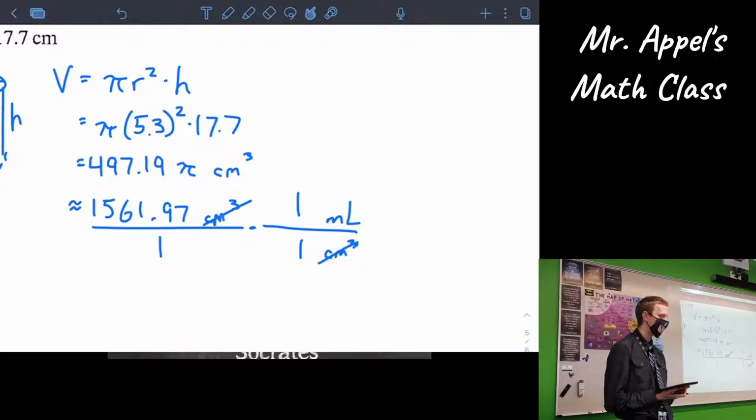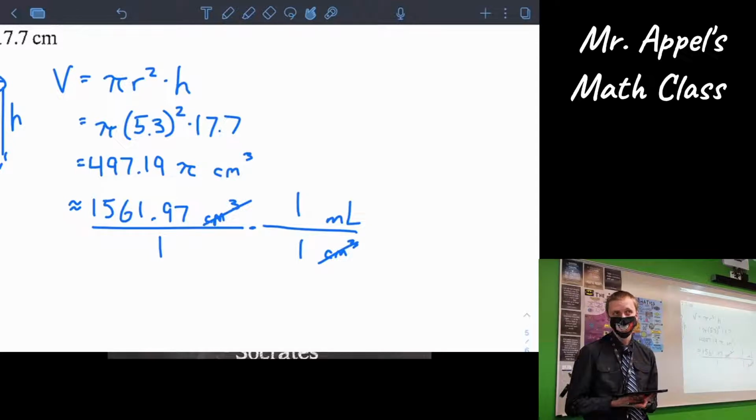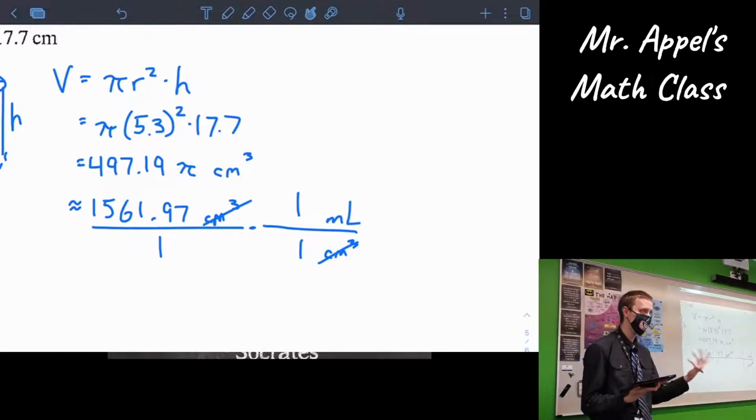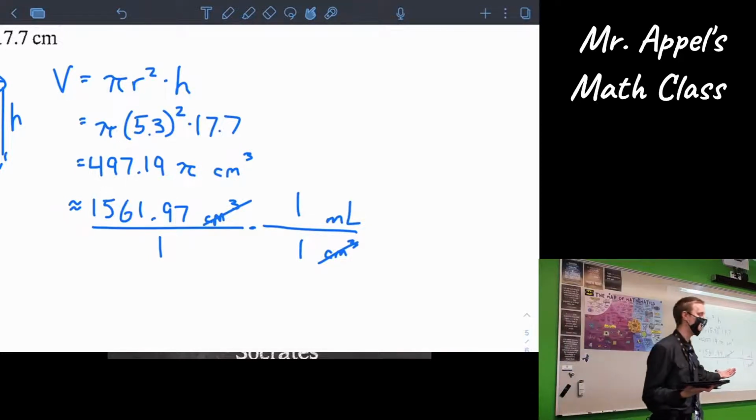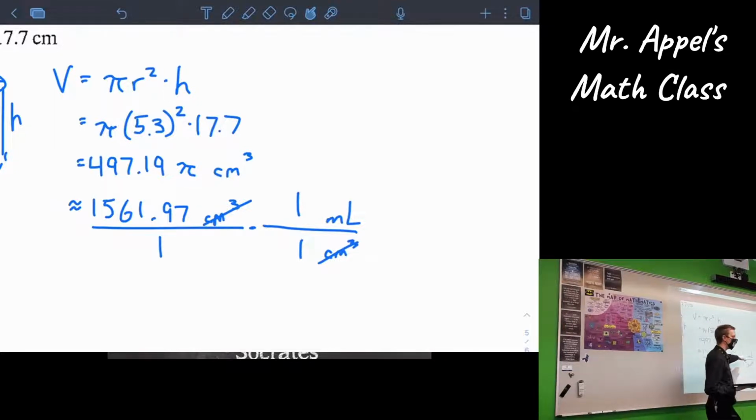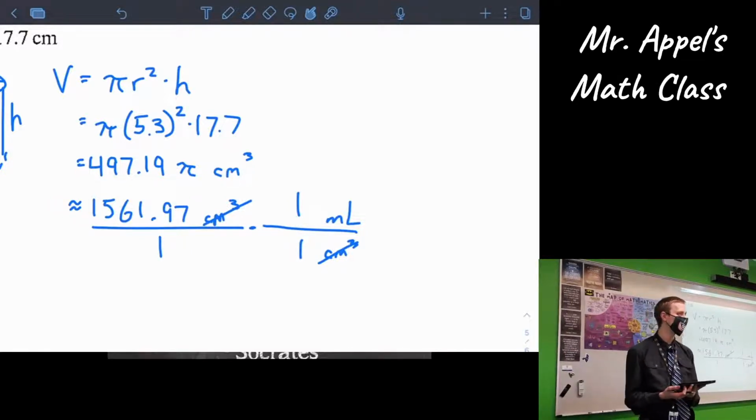Now, notice what we did not do. Because we deal with fluids as human beings, we've dealt with fluids so long, we've decided, you know what, fluid volume needs its own unit. We're not going to keep carrying around this cube every time. Right? It gets excessive.